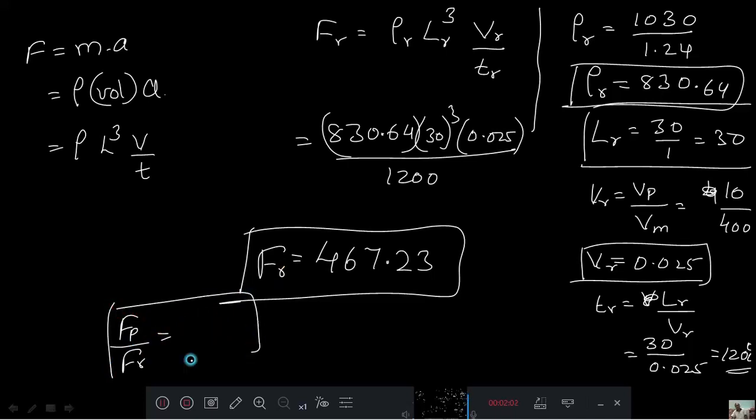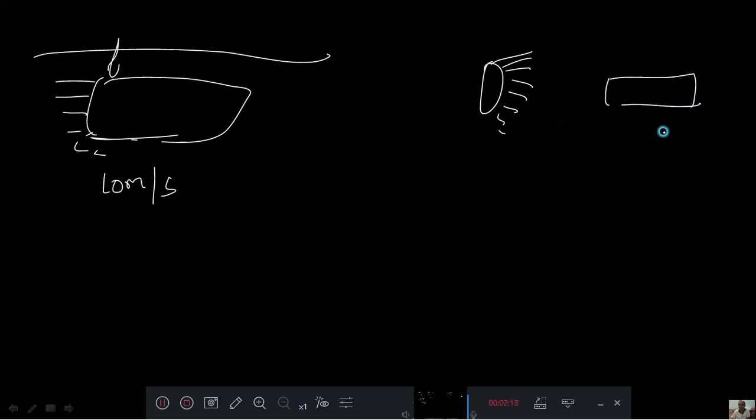What this means practically, as I told you, is that a submarine is moving here, okay? And it is moving at 10 meter per second. Common sense also tells that if you are putting one fan here and one small model submarine, and this wind has to give you the effect of seawater, which here is 10 meter per second, then if you want the same effect from the wind, you need to give 400 meter per second.